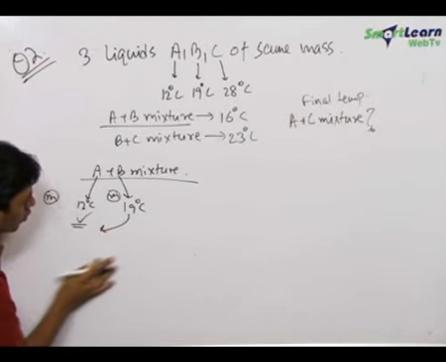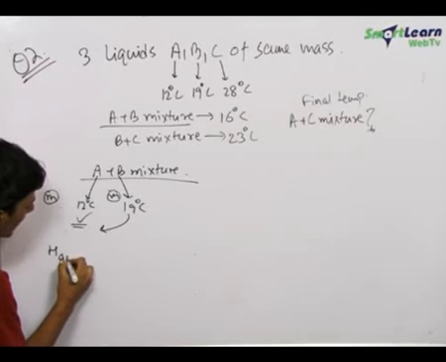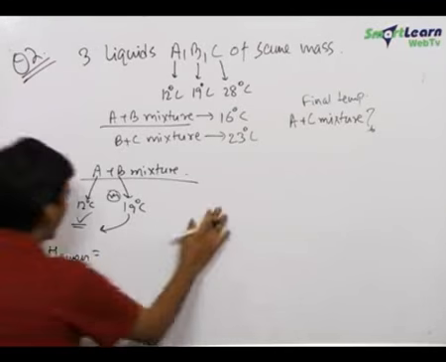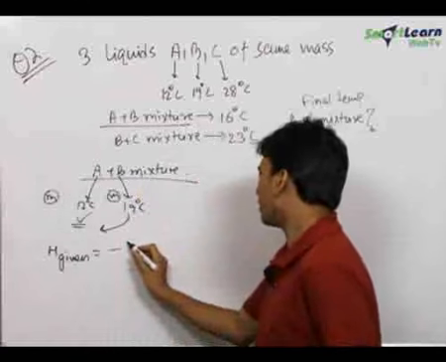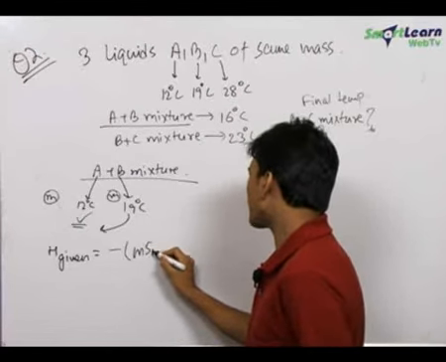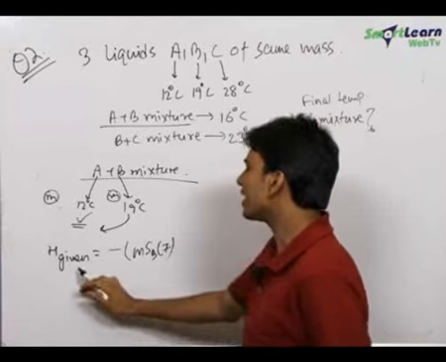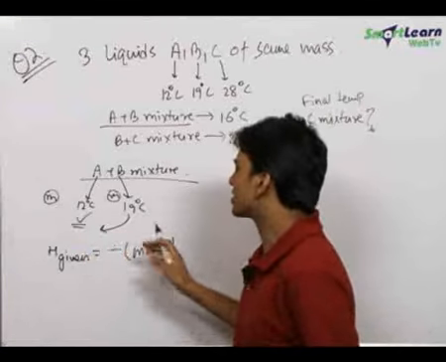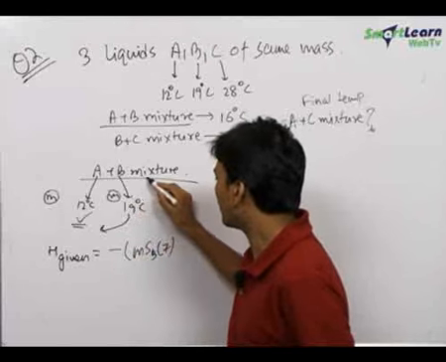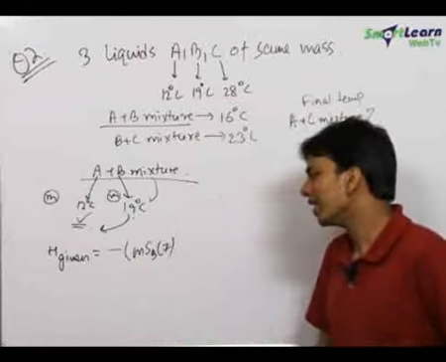So when B comes to 12 degrees Celsius, heat is released, therefore we write heat given is equal to minus M into specific heat of B into delta T, that is 7. Since the heat is coming out of the system when B is dropping from 19 degrees Celsius to 12 degrees Celsius, we write this with a negative sign.